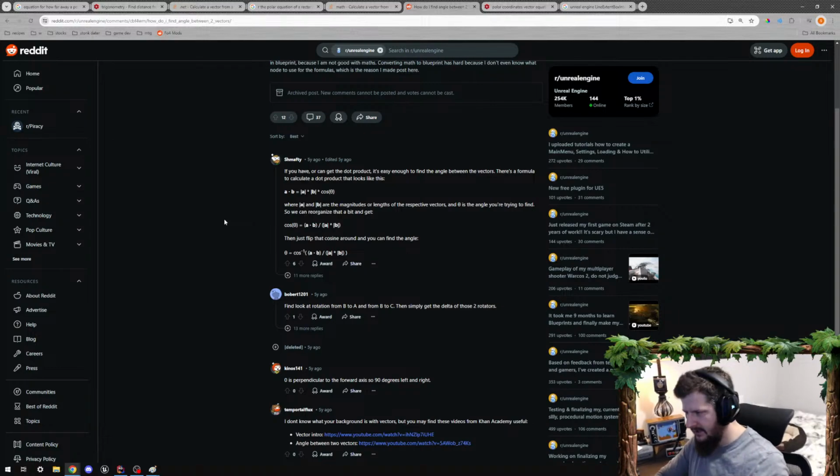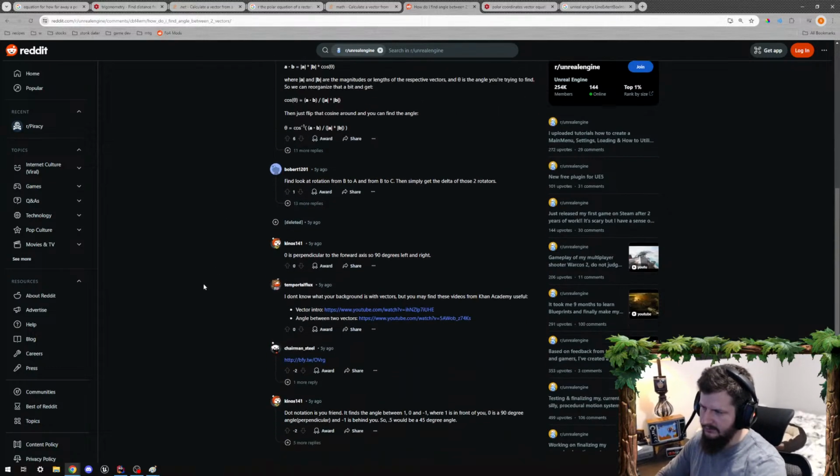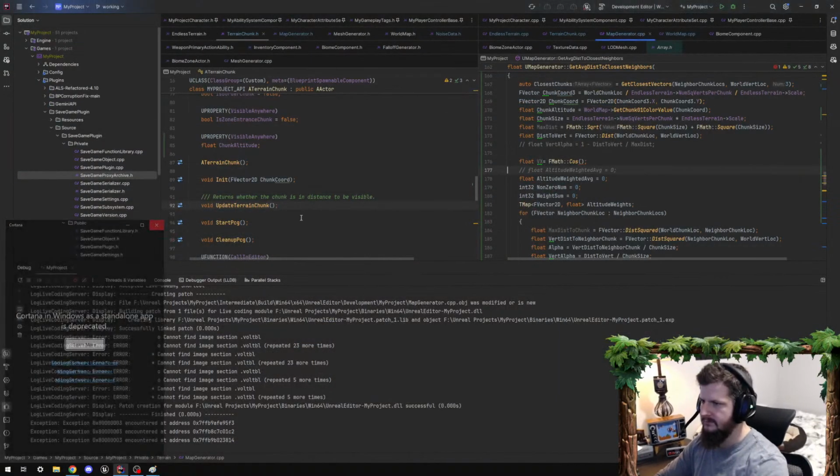Find look at rotation? I mean, I need an angle, right? Can I use find look at rotation?